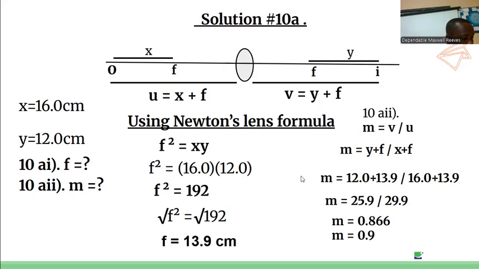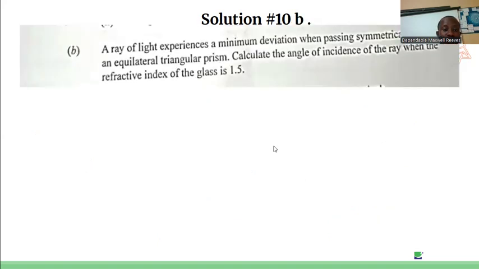Let us move to question 10B. Question 10B reads: a ray of light experiences a minimum deviation when passing symmetrically through an equilateral triangular prism. Calculate the angle of incidence of the ray when the refractive index of the glass is 1.5.